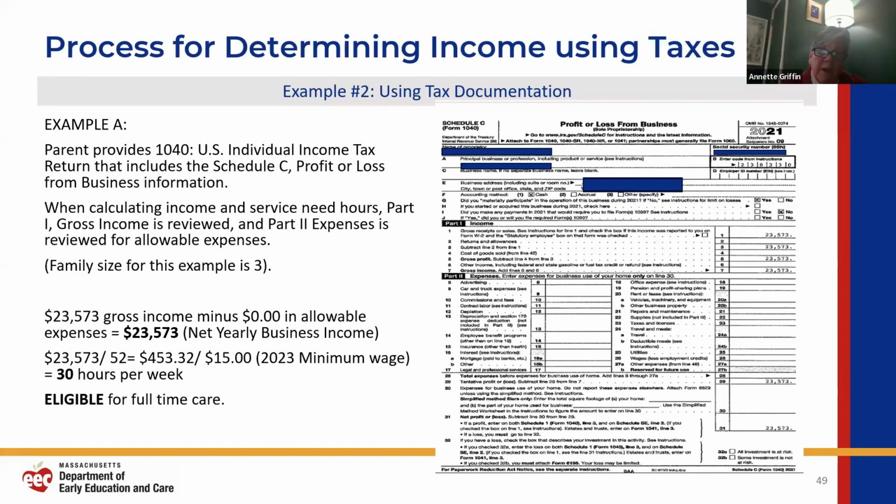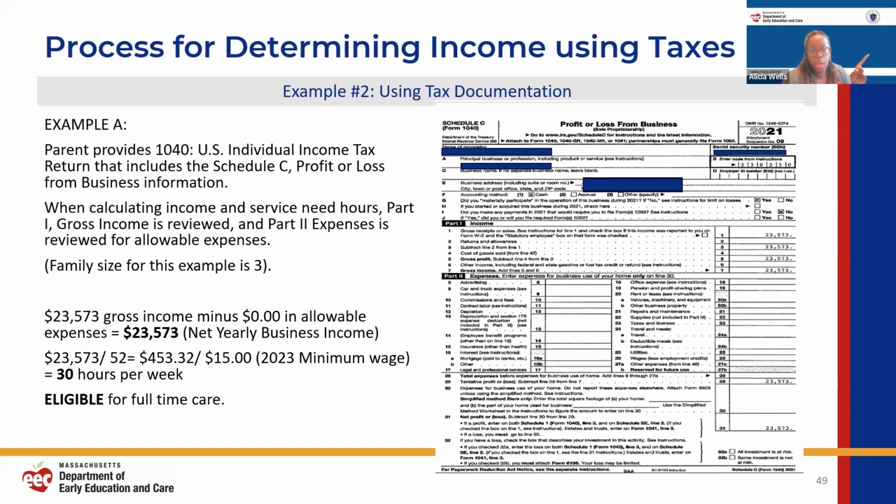So they do not have to supply any other worksheets or current bank deposits or anything like that if they just use their taxes. We reiterated, you only need one of the documents. If they provide you with this profit and loss statement, their Schedule C, this would be the only document you would use to determine the income and the service need.